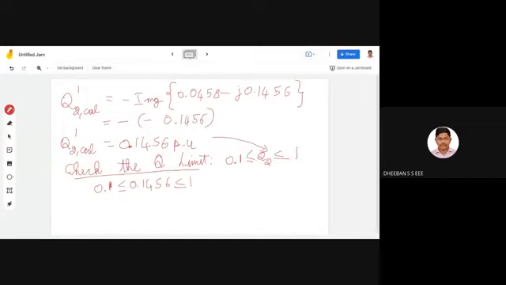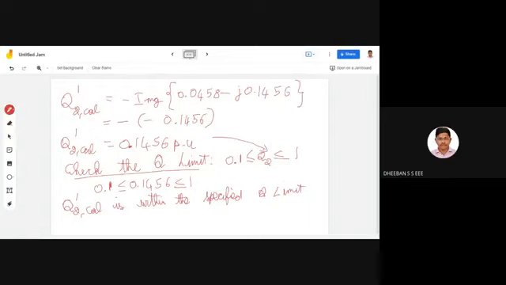So Q2 dash calculated is within the specified Q limit, because 0.1 less than or equal to 0.1456 is within the limit. So you can easily infer from the range itself.